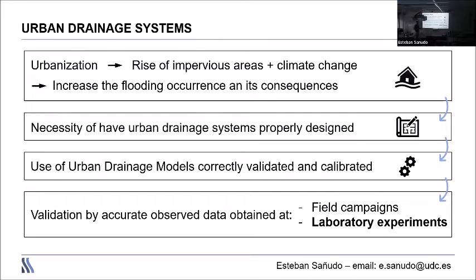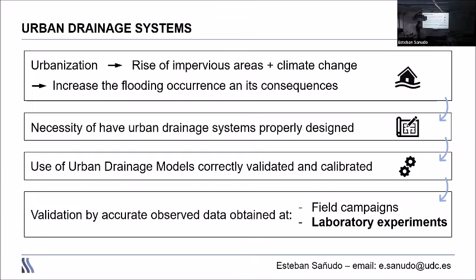Let me first introduce the problem: why we need urban drainage models. Cities are more impervious due to urbanization, and if we link that with climate change, the risk of flooding is increasing, and also its consequences, not only flooding but also pollution of the environment.